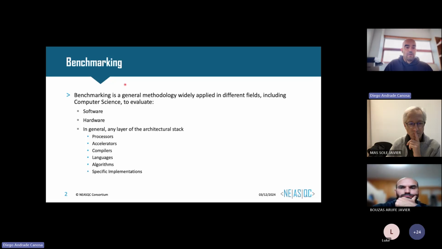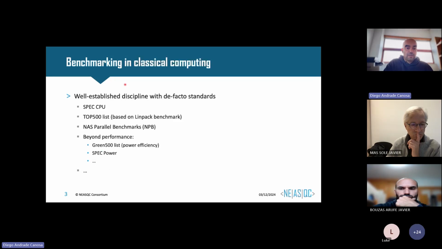And then on top of this, we have the software stack, which is composed of the compilers, but also of the languages and the algorithms and the specific implementations that we provide from these algorithms.